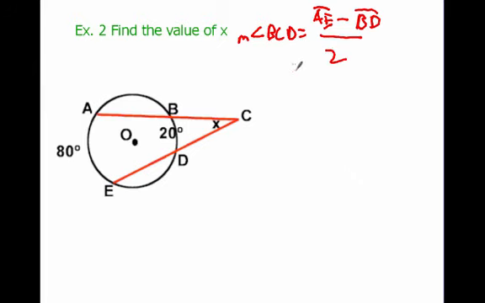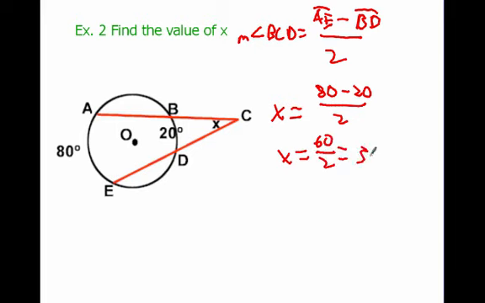We know that the measure of BCD is x, the measure of AE is 80, the measure of BD is 20, and we're dividing by 2. 80 minus 20 is 60 degrees, divided by 2 is 30 degrees. So the measure of x is 30 degrees. Always the far arc minus the near arc, divided by 2.